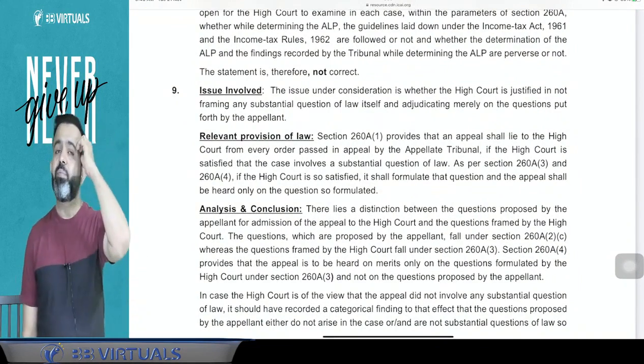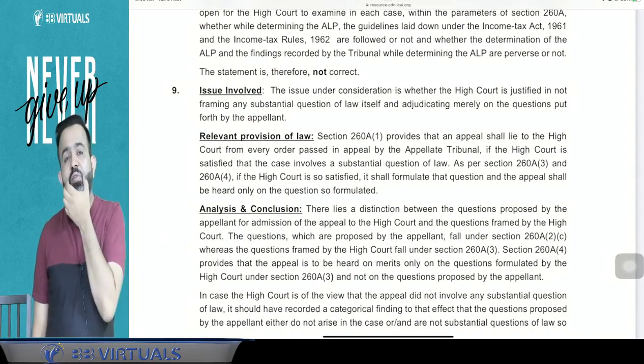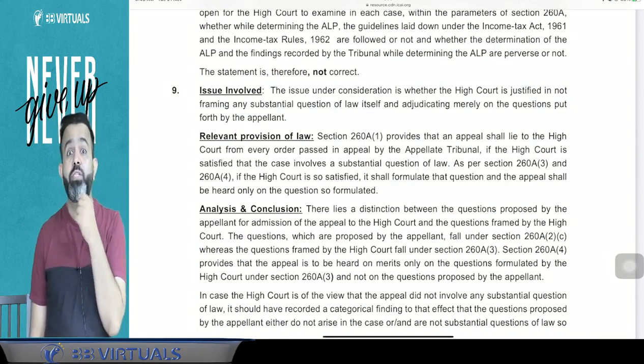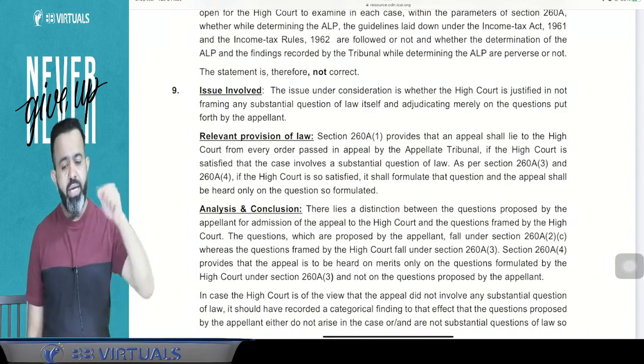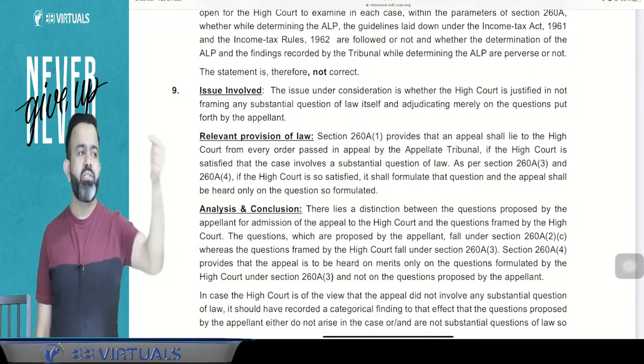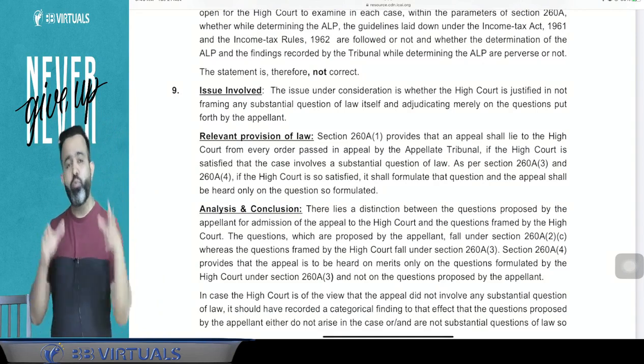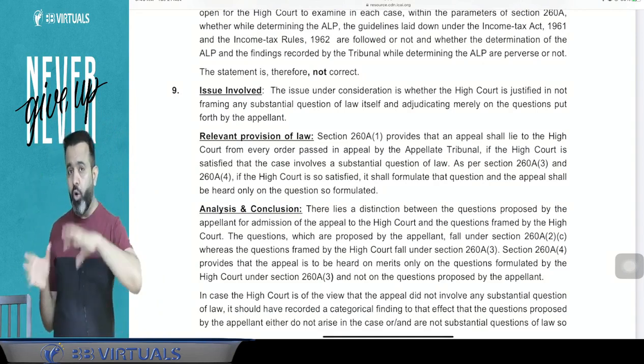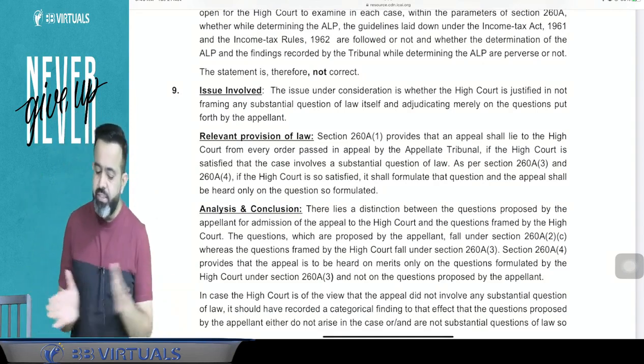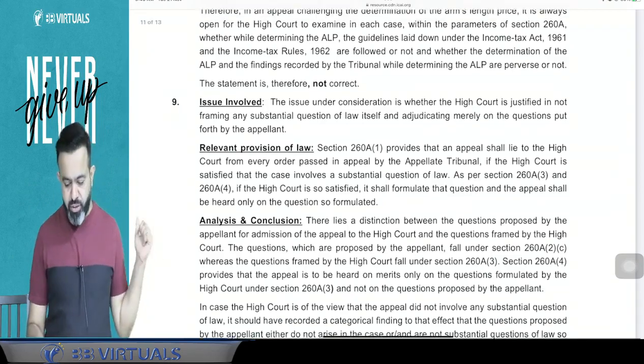Here, as we have mentioned in appeal and revision, whenever you file the appeal, the High Court will first frame the question, and only after that will they give the judgment. They cannot give the judgment only on the basis of your application. So first they have to frame all questions of law, and after that they should give the judgment. This is question number 9.